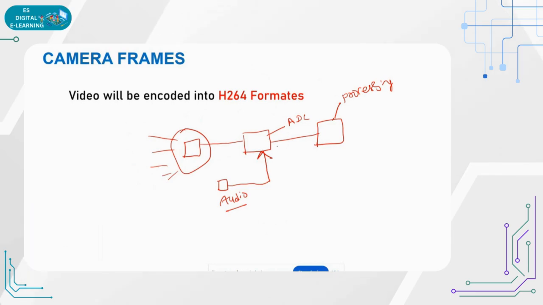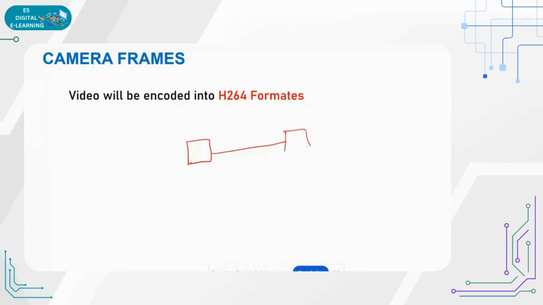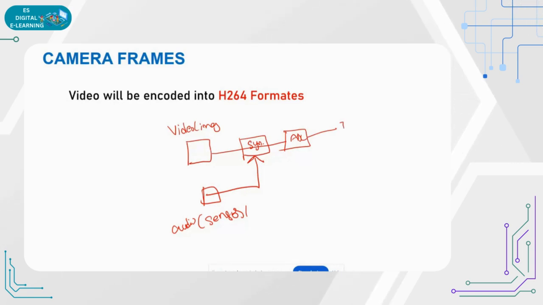That is part of syncing. So there is the sensor and ADC, and we have a syncing phase. In parallel, when you are capturing audio and video, the video image is captured here and the audio sensor captures here, and this is the syncing phase. It will sync together, be converted by the ADC, and go to the processor.